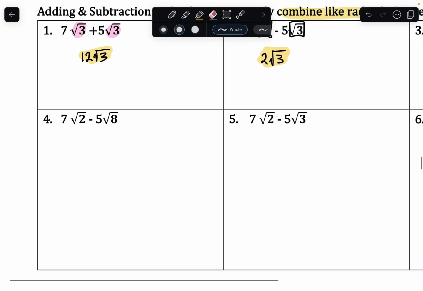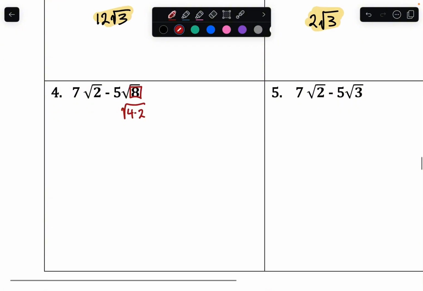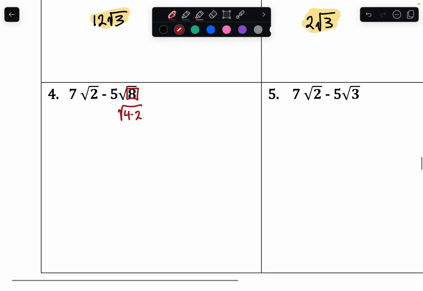Okay, for this next one, these are not like radicals, okay? One of them is a square root of 2 and one of them is a square root of 8. And so one thing we need to do first is make sure they're all simplified. 8 is the same thing as 4 times 2. So that means this radical can be simplified because it has a perfect square factor. And so square root of 4 times square root of 2 then gives me 2 square roots of 2.